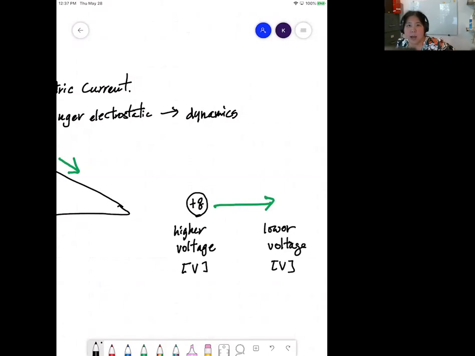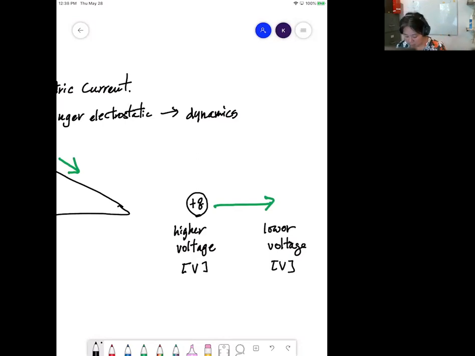Remember I mentioned that you can imagine electric voltage like altitude on a topographic map. If you put a mass on a slope, the gradient, the change in altitude, makes it flow. Same thing: when you have a change in electric potential, which is voltage, a positive charge flows from high voltage to lower voltage.